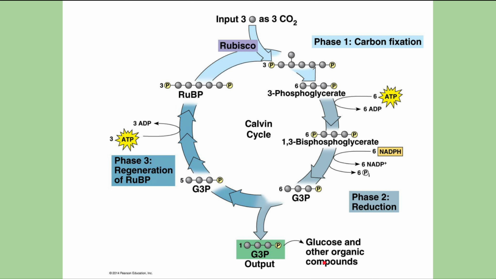Let's do what we see. So RuBP is a 5 carbon organic compound that starts off this reaction. This is our baseline for the reaction. As you can see here, there are 2 phosphates at the end, and we have 3 of these. We also have 3 carbon dioxides.